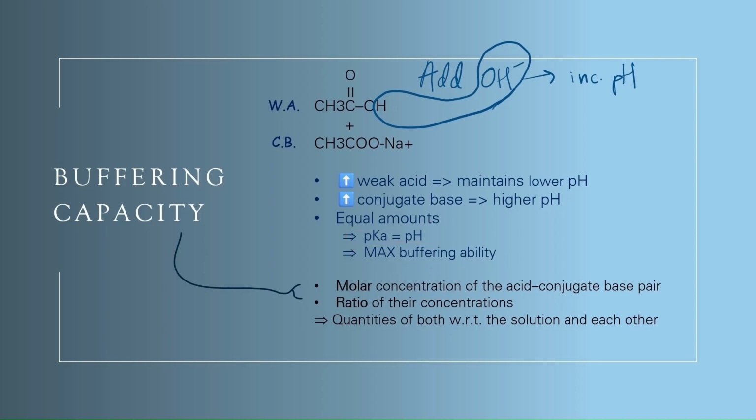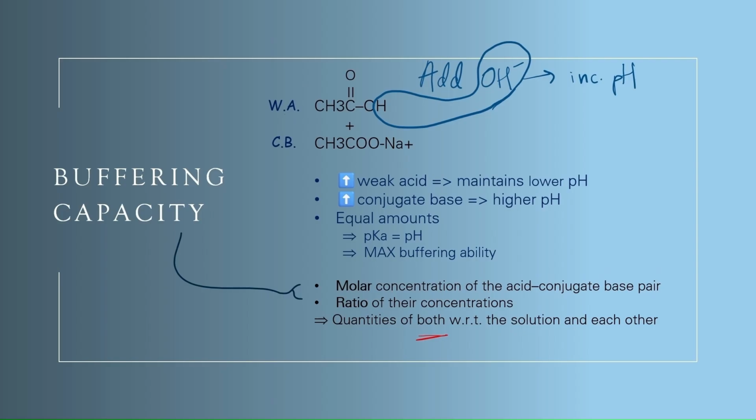Alright? So from this we have two factors that affect the capacity of a buffer to buffer. And that's gonna be one, the concentration of the buffer itself, the two components of the buffer, and the ratio of their concentrations with regard to each other. Okay, so what is it? The quantities of both, one with respect to the overall solution, and against each other.